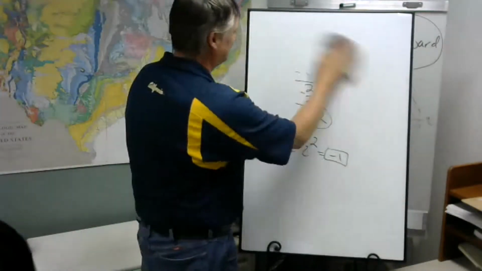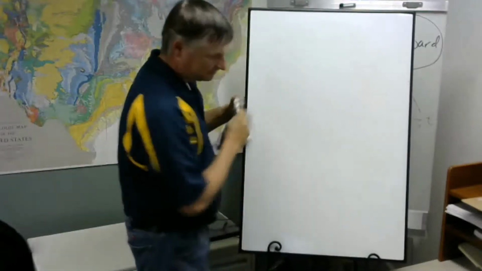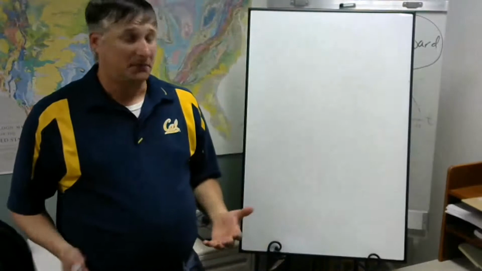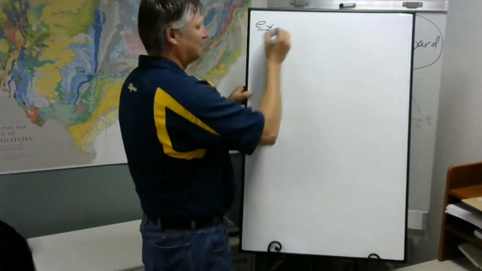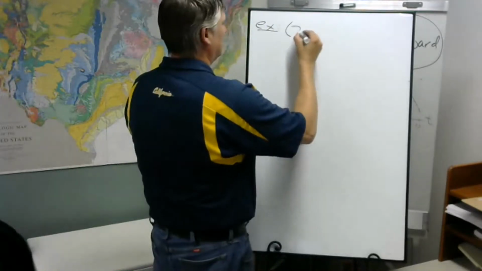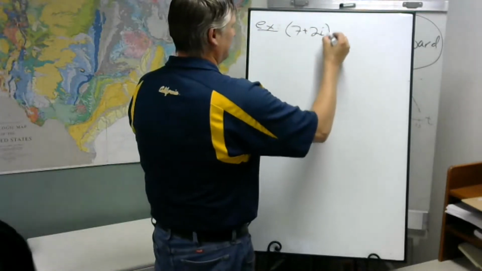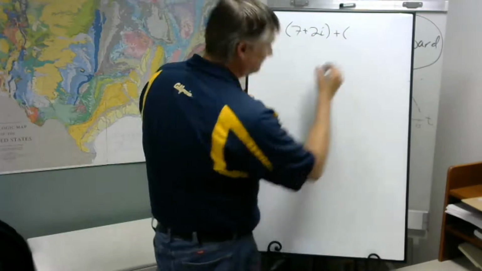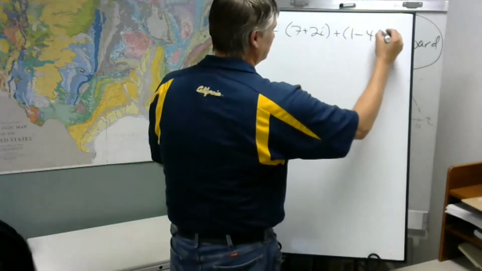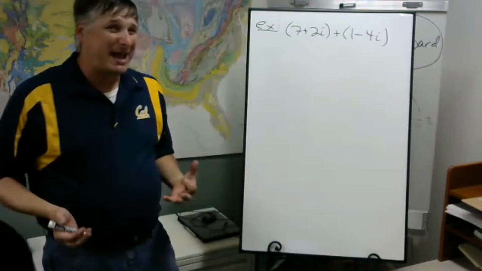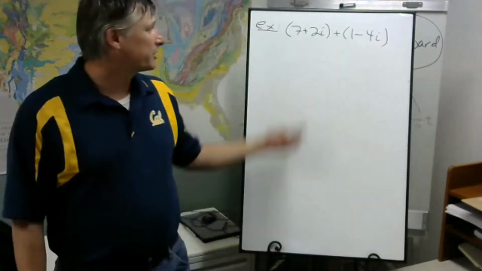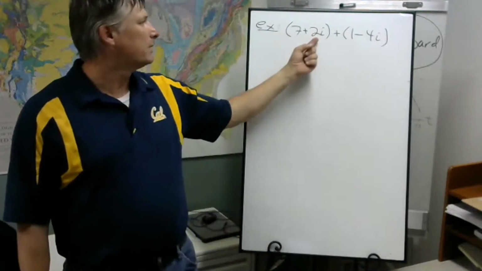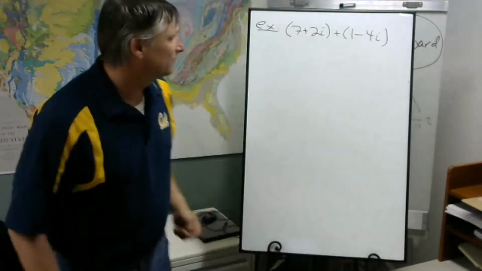All right. So first off, we're going to look at adding and subtracting these things. So let's say we have this. How do we add these things? Well, what we're going to do is gather like terms. We're going to combine the real parts, and we'll combine the imaginary parts.